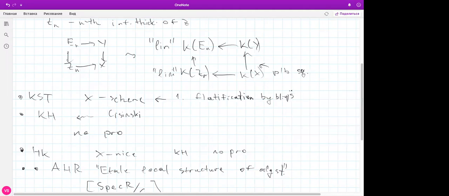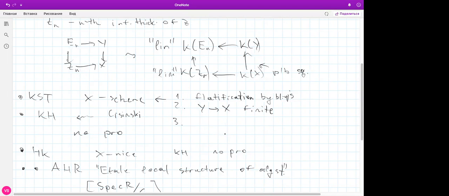And the second part is the case of the proper map being finite. And then the next step is you reduce everything to the case of what's called a derived blowup.